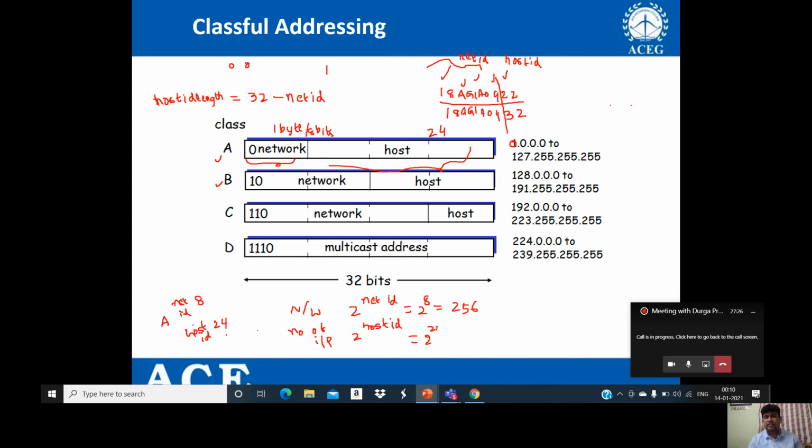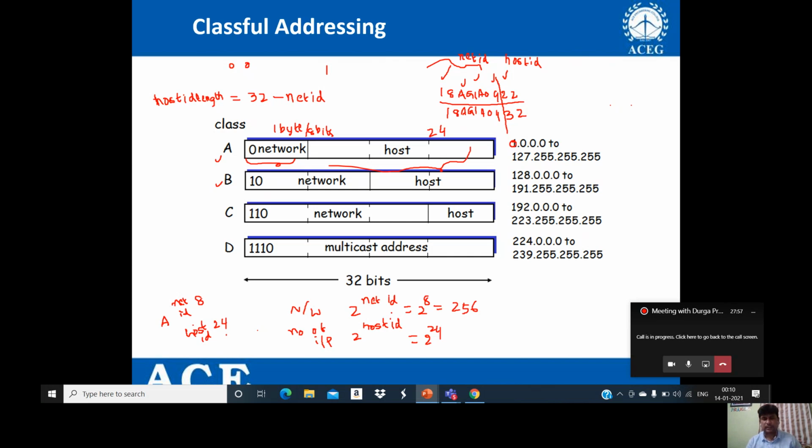So in each network, we are going to have 2 power 24 addresses. Class A has a large number of IP addresses, but only 2 power 8, which equals 256 networks. You can try to calculate the value of 2 power 24, and you will see there is a very high number of IPs available in class A.